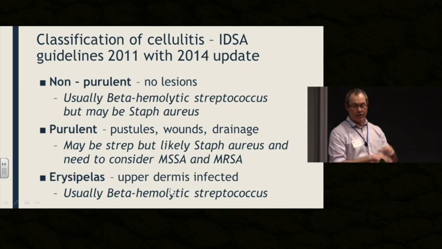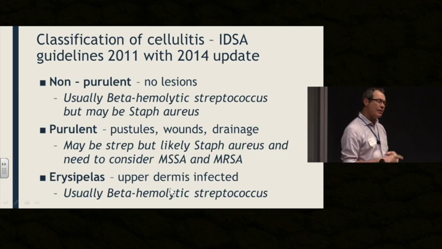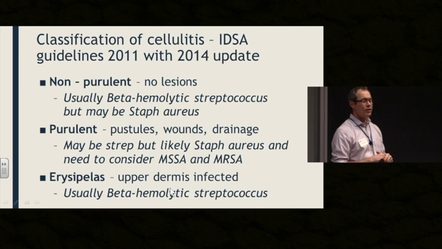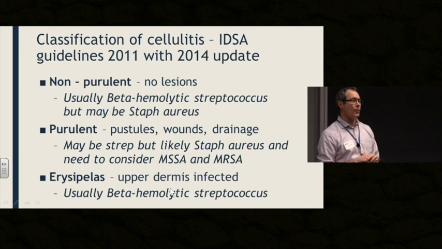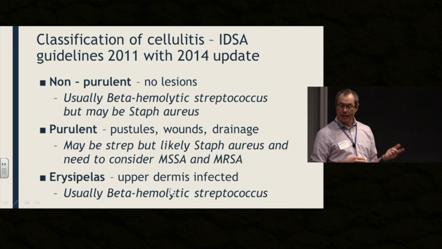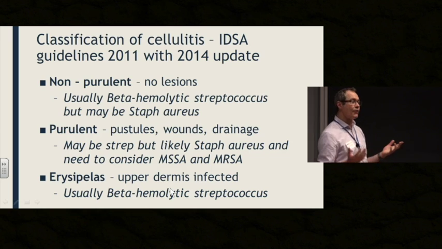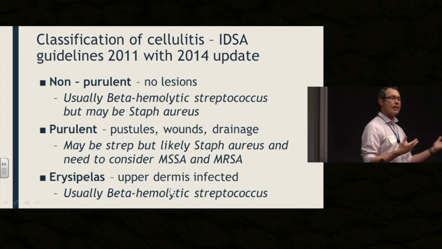So non-purulent, no skin lesions: much more likely to be beta hemolytic streptococcus. Might still be Staph aureus, but not too often. Pretty easy to cover both though, and we'll talk about how we're going to cover both. Purulent cellulitis, where there's pustules, wounds, drainage: maybe strep, but most likely Staph aureus. And then you have to assess what the risks of MRSA are.